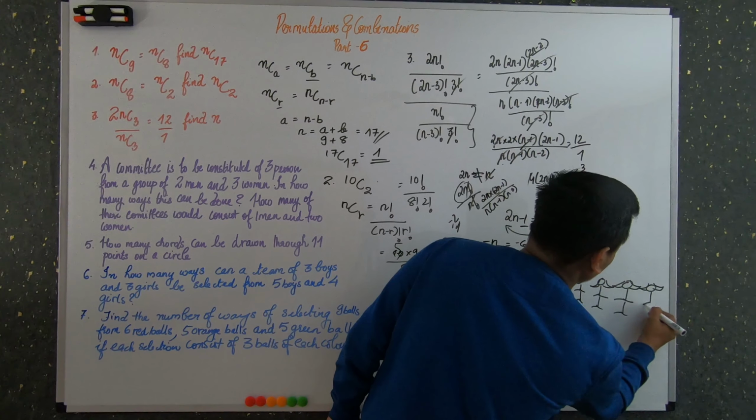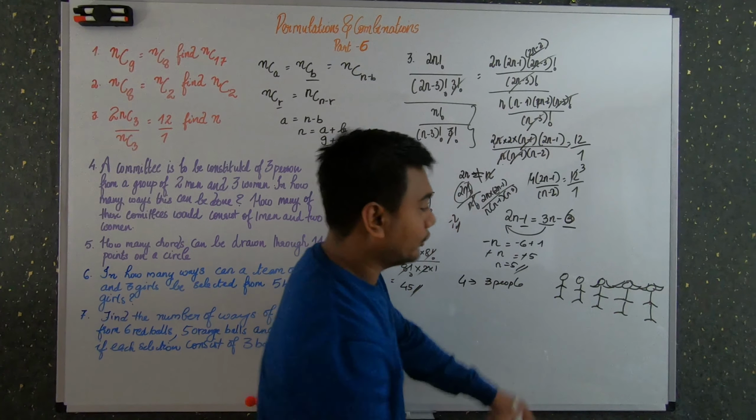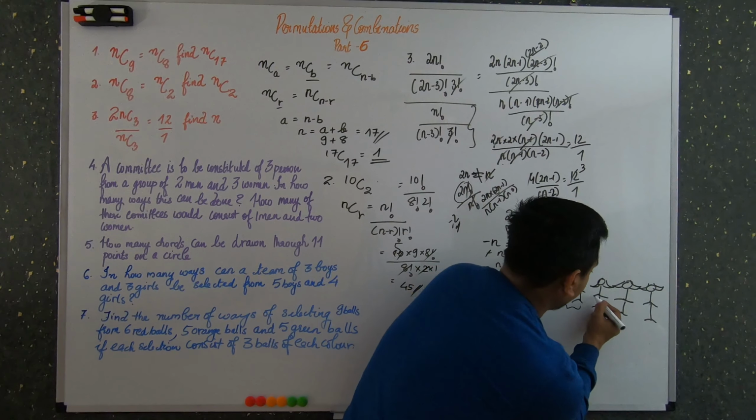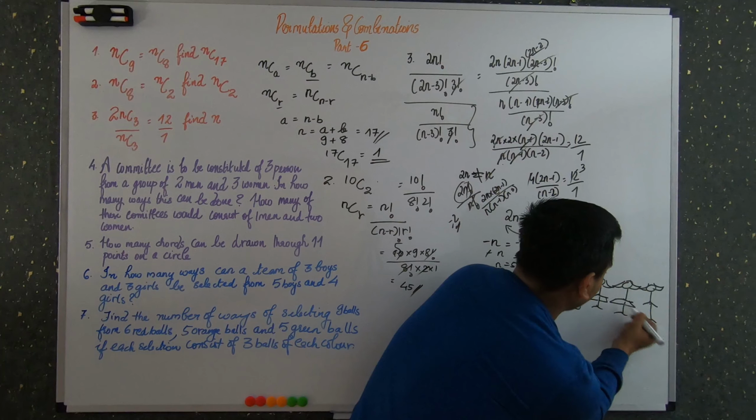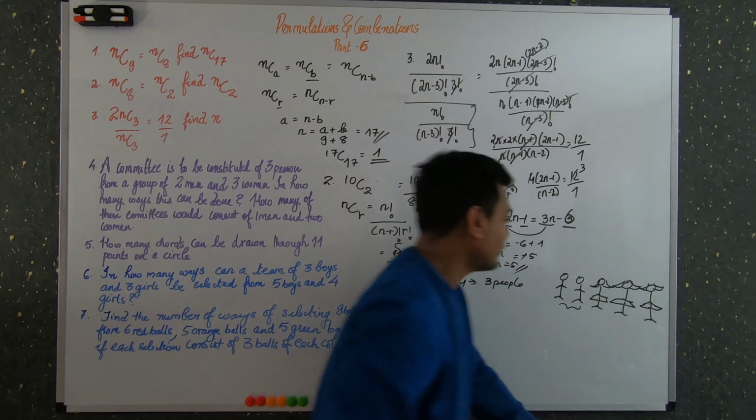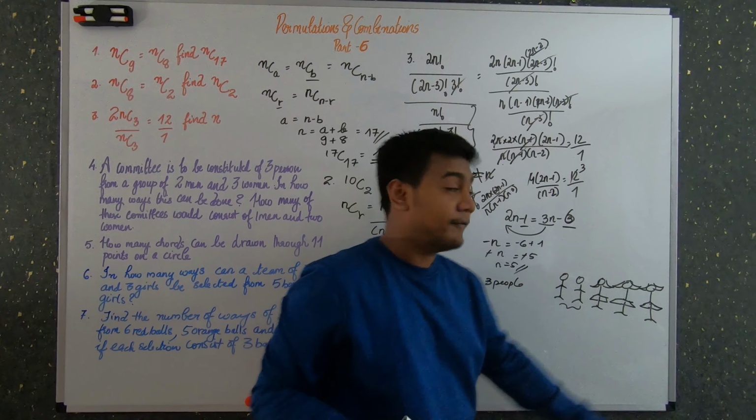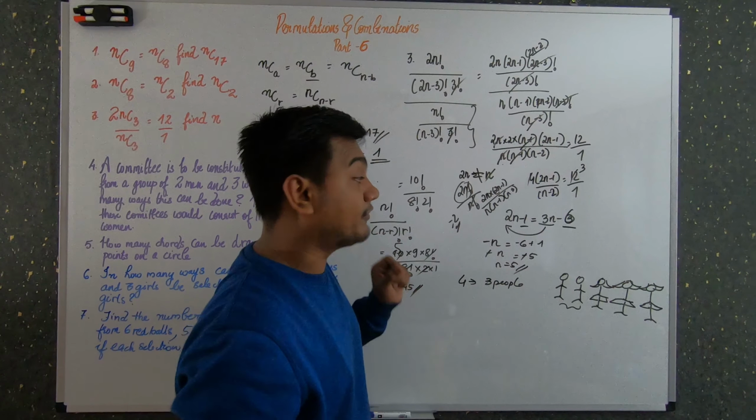I'm just drawing to differentiate, just to show you, there are 2 men and 3 women. And from that you have to take a committee of 3 people.